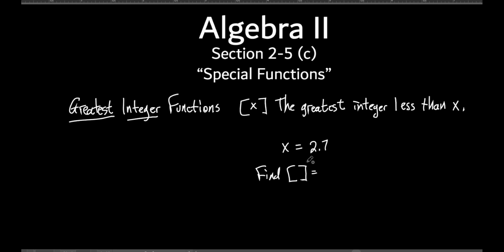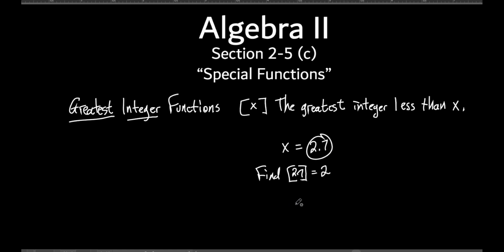It's 2. Why? Because integers don't have decimals. What's the largest integer that's less than 2.7? 2. You with me on that?